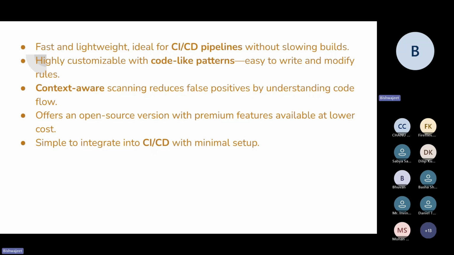Ideally, it should take less time because you're automating the tasks, right? If you just want to manually identify vulnerabilities, then that is fine. But if you are using automation in your CI/CD pipeline, then ideally it should reduce the time. That's the goal.